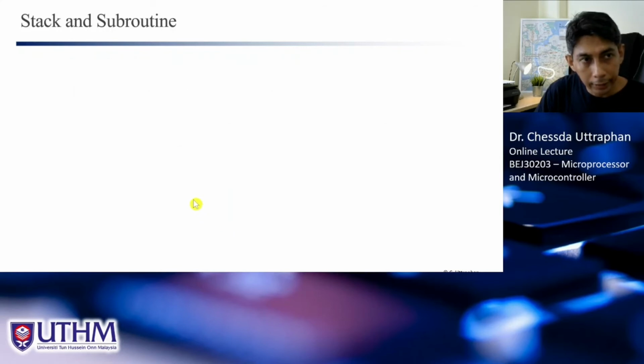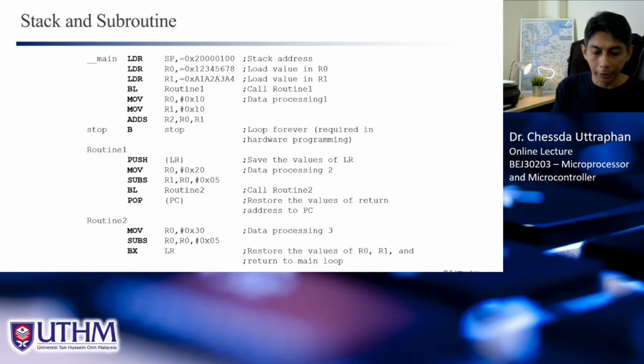Now we look at another example. What if we have many subroutines, and what happens when we call another subroutine inside a subroutine? For example, this is the program, this is the main loop, and in this program we call the subroutine here, go to routine 1.